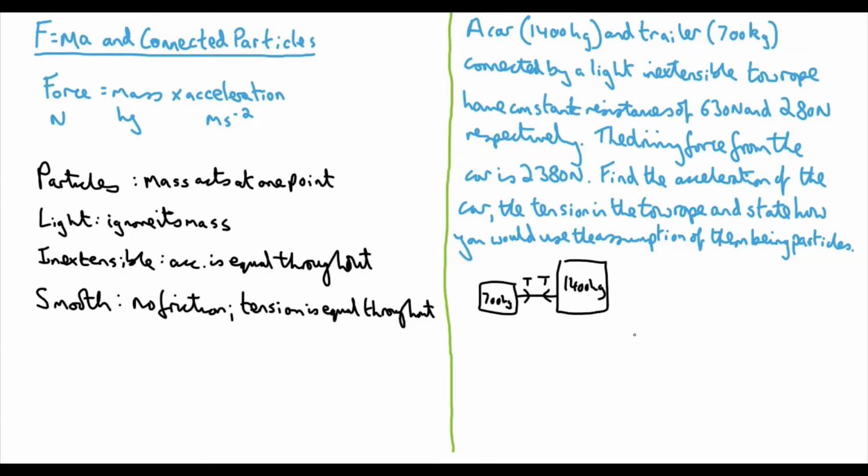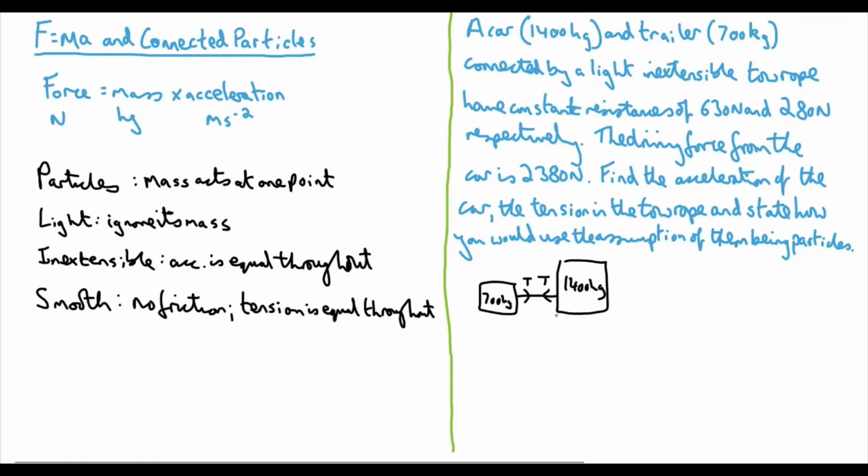In this case, though, the key is that tension comes back on the car and tension comes forward on the trailer. If it was the other way around, the trailer wouldn't have a forward force, therefore it wouldn't be moving forwards with the car. We also have some other forces we can label on.